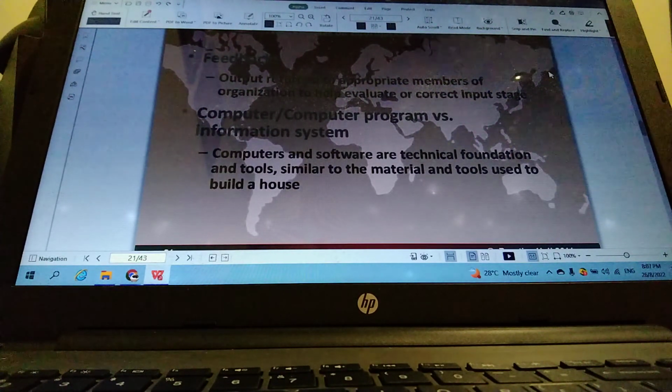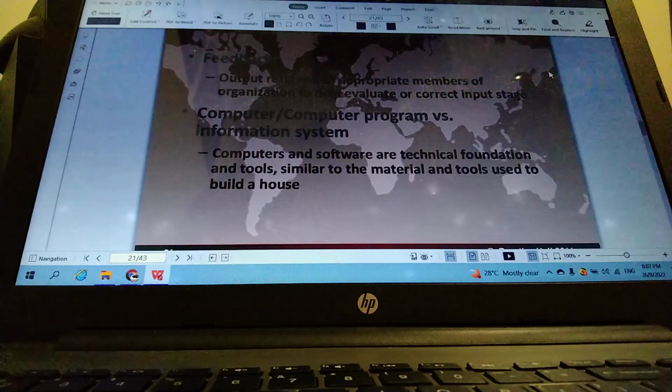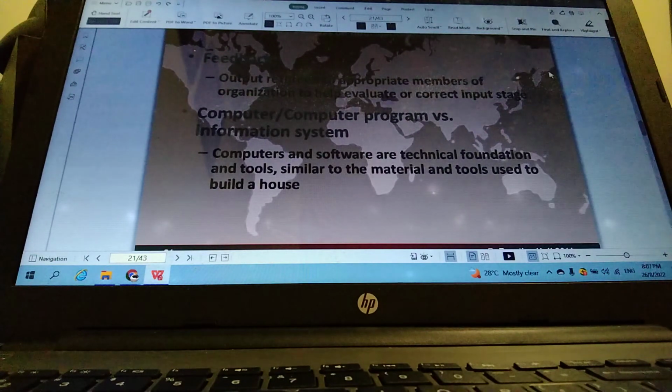Because it is one complete process of input, processing and output, we definitely need some feedback into the system so that we can continuously improve the system. That's how the activities are involved within an IT system.